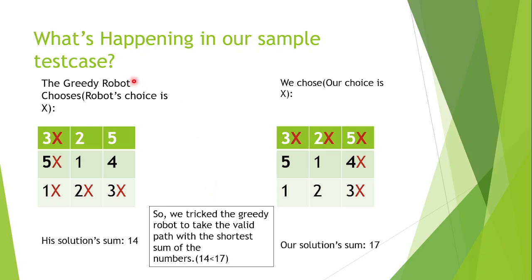Now, what's happening in our sample test case? We need to trick the robot into taking the greedy path. The greedy path must be valid, and its sum must not be greater or equal to our solution, which is the maximum solution.